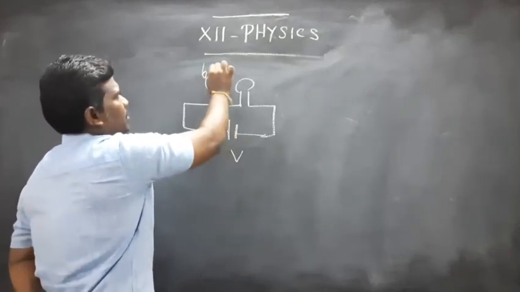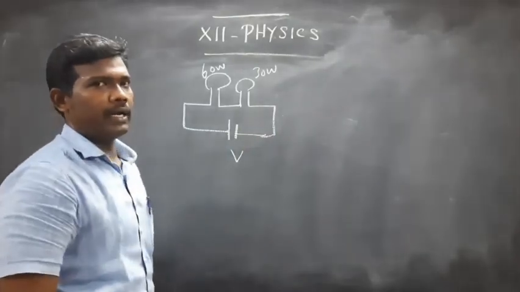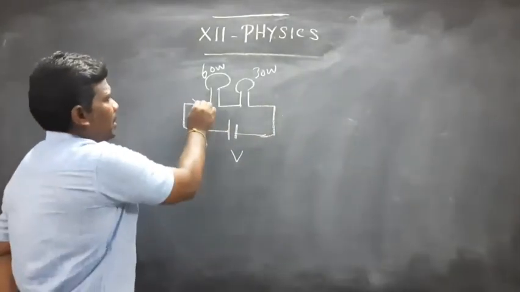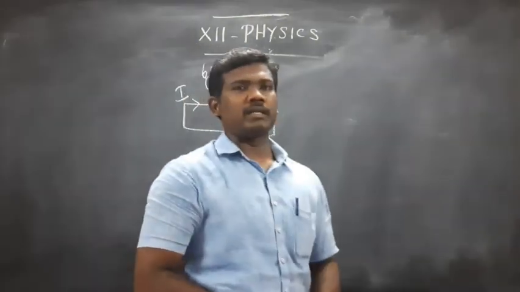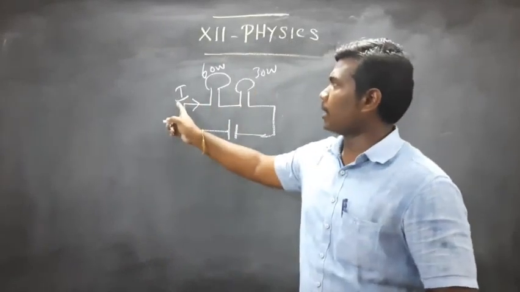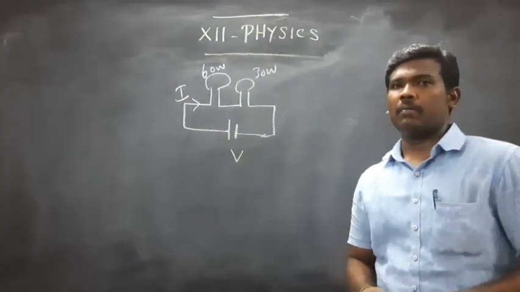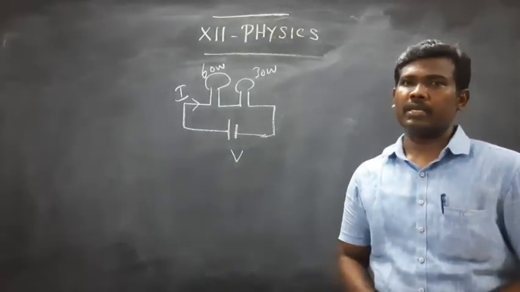We are choosing a 60 watt bulb and a 30 watt bulb connected in series. If two things are connected in series, the current passing through them is the same. I is the same. That amount of current passes through bulb 1, and it is the same for bulb 2 also, because these two are in series combination.